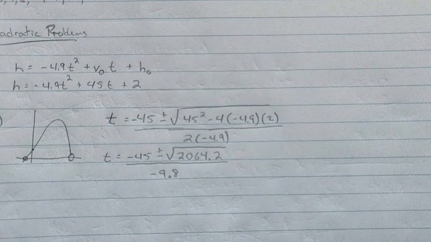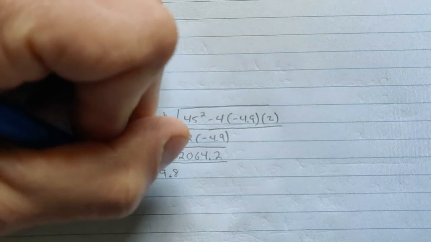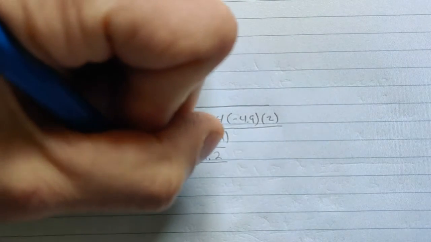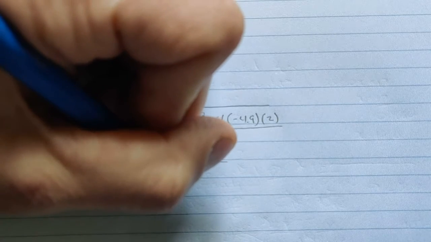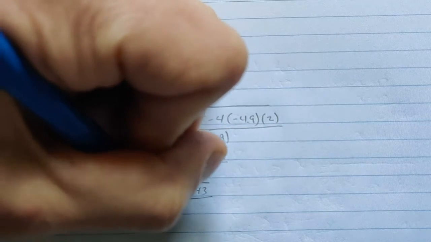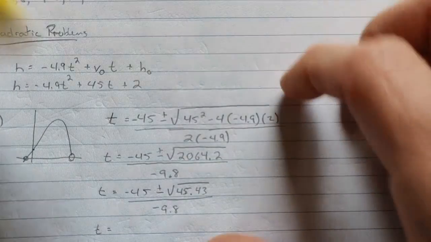So now I can take that square root, and I'm going to get negative 45, approximately, plus or minus the square root of 2064.2, which is 45.43-ish, over negative 9.8. And then I will take the square, or sorry, that was the square root.